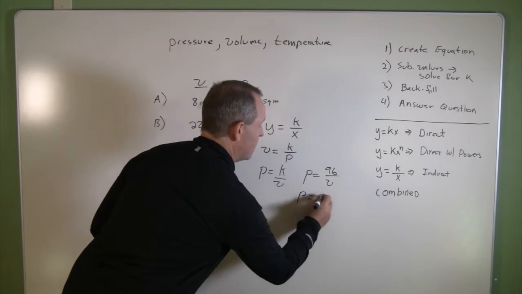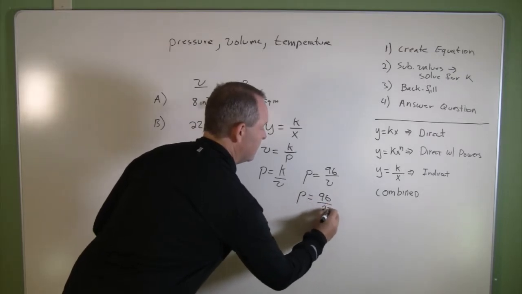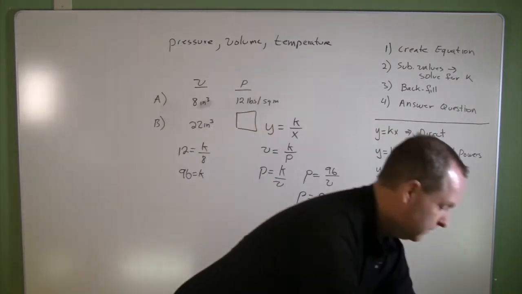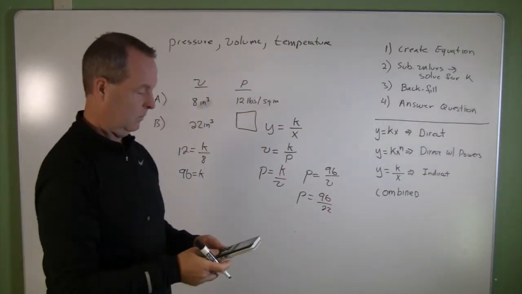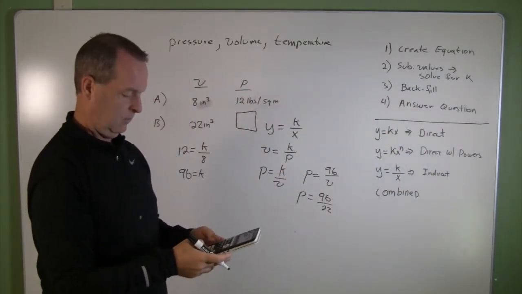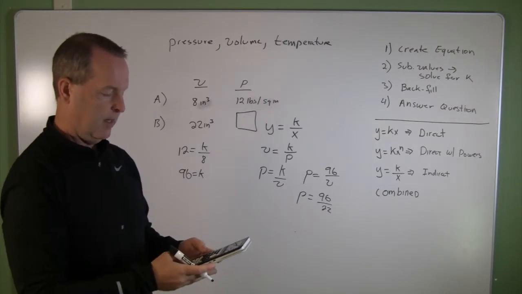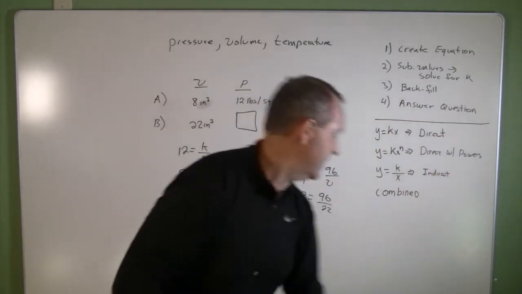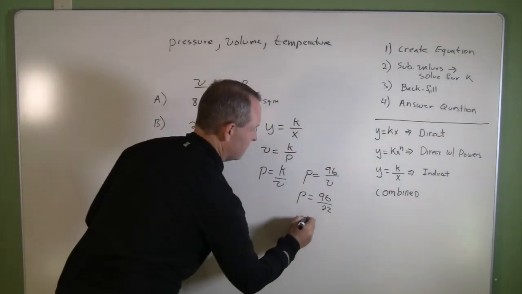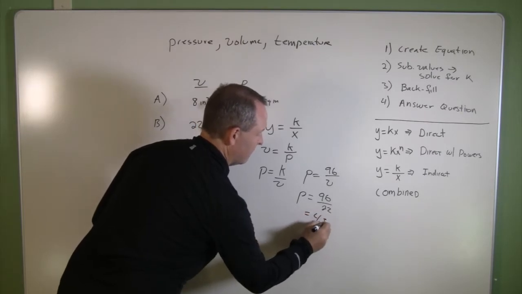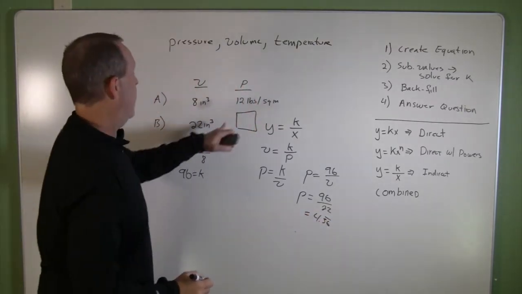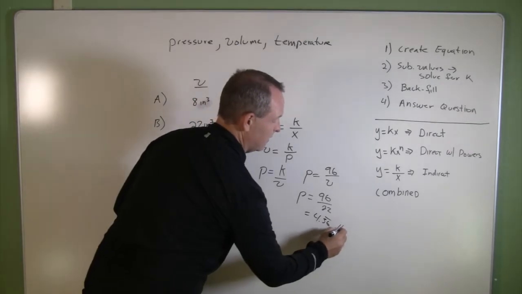Pressure equals 96 divided by 22. That gives me 4.36 pounds per square inch.